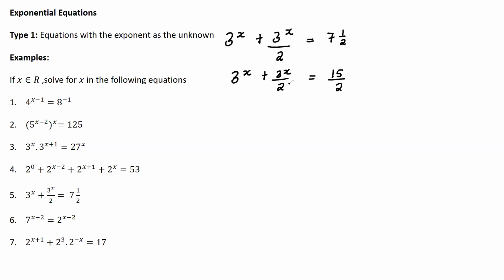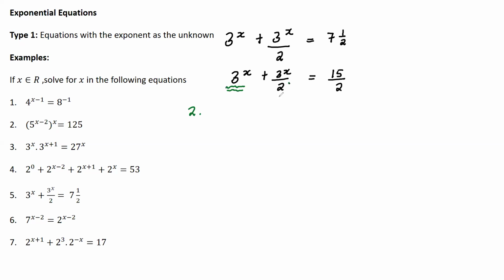Now, in maths, you want to get rid of 2. Why don't you cross multiply everything by 2? You cross multiply every single thing by 2. Let me do it old school so that people can see where I'm coming from.